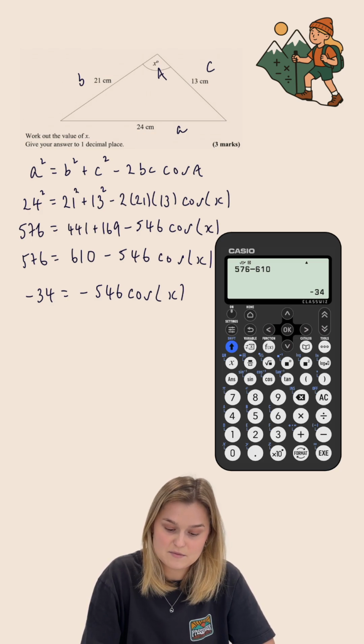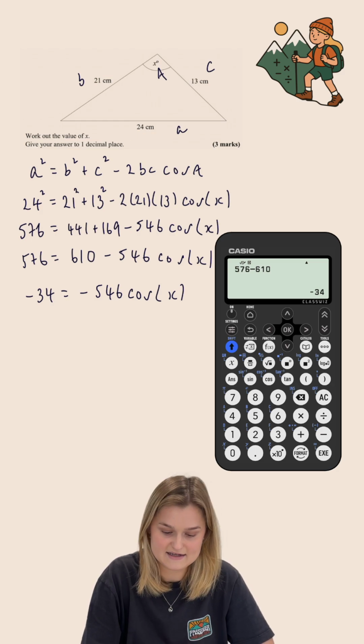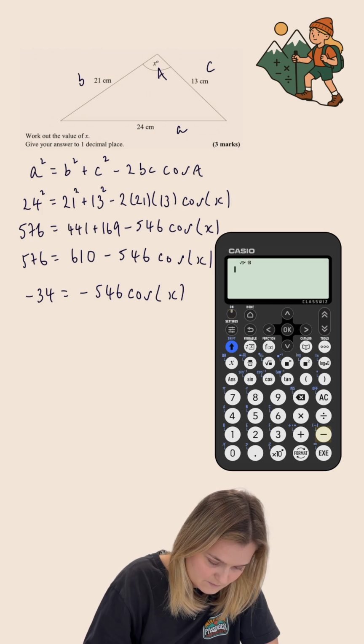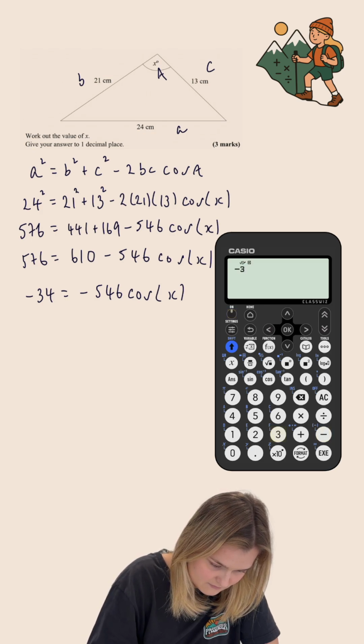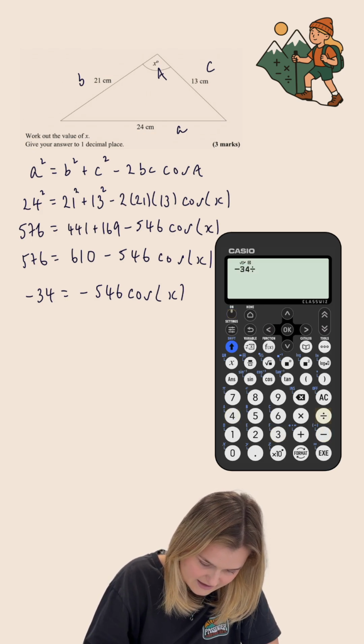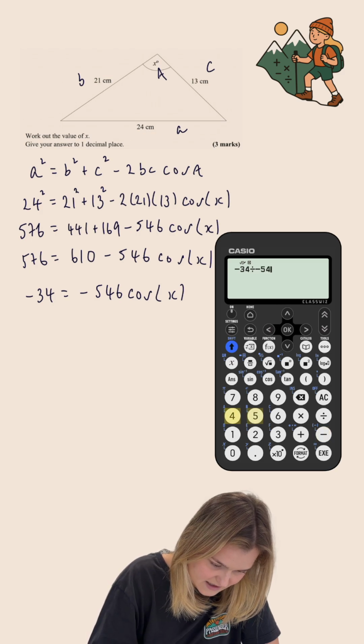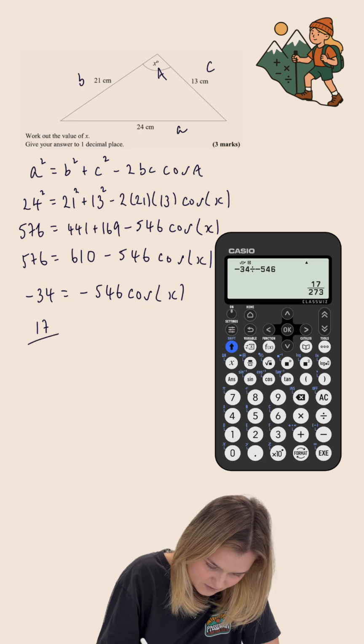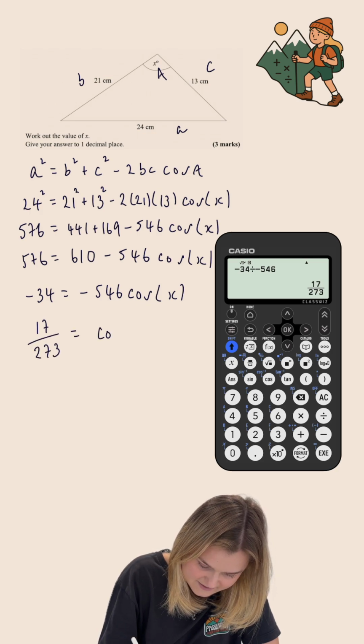The opposite of multiplying cos x by negative 546 is to divide by negative 546. So I'm going to divide negative 34 by negative 546. That gives us 17 over 273 equals cos of x.